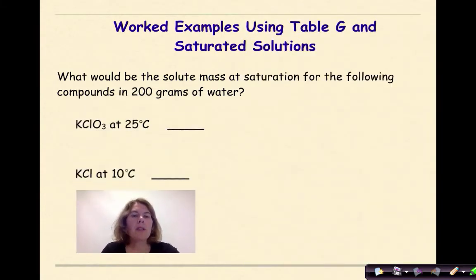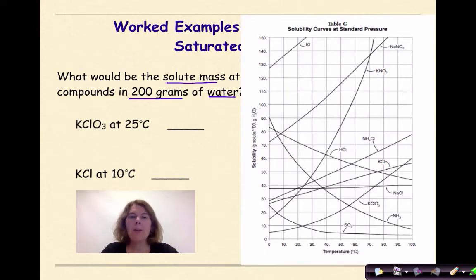What would be the solute mass at saturation? So again, that means it intersects on the line for the following compounds in 200 grams of water. So let's look at the situation here. Here's our table G. Again, we recognize that our solvent is 100 grams of water. So the first thing that we're going to do is look at our compound.